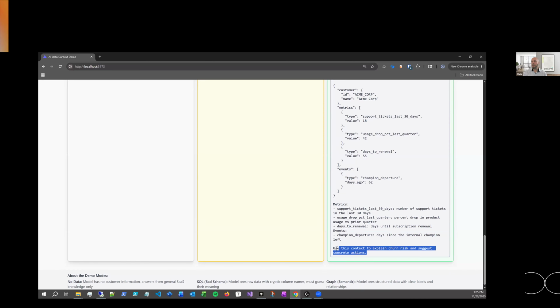And then just saying, use the context to explain churn risk and suggest concrete actions. So the better quality your data and the better your context around that data, the less work you have to do in prompt engineering to get it to stay within the guardrails and produce good information.